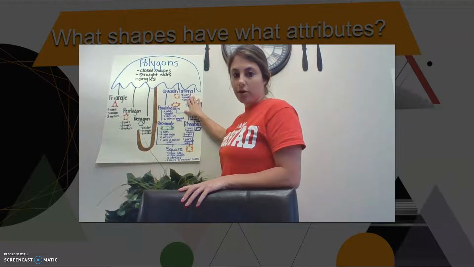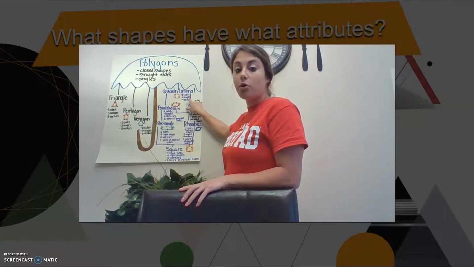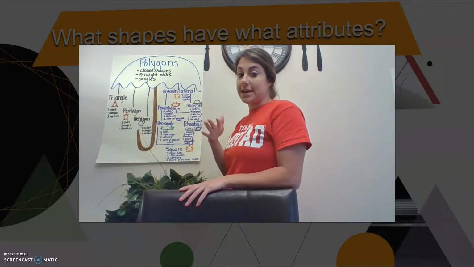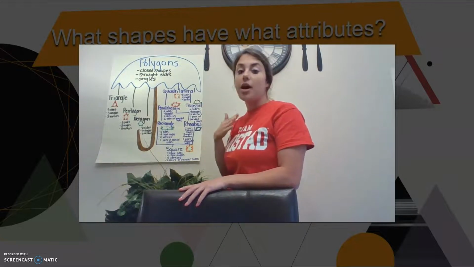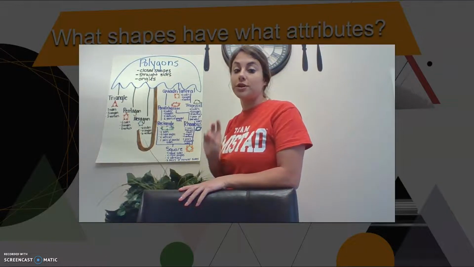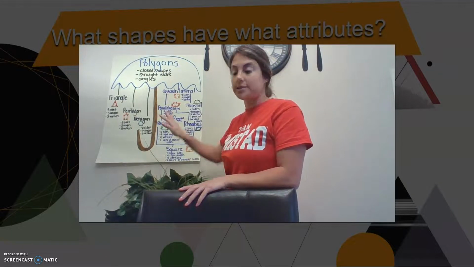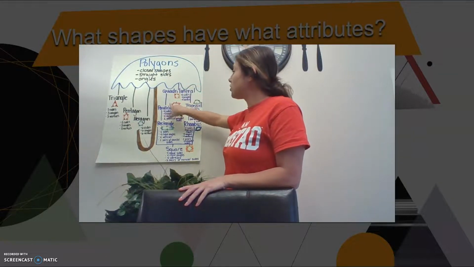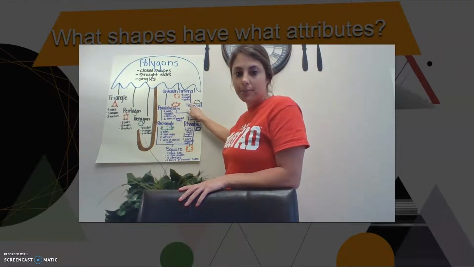A quadrilateral has 4 sides, 4 angles, and 4 vertices. That's it. It could be any type of angle, but it always has the 4 sides and 4 vertices and 4 angles, whatever it is. Under that quadrilateral, you begin to split off into 2 types. This type is the trapezoid.